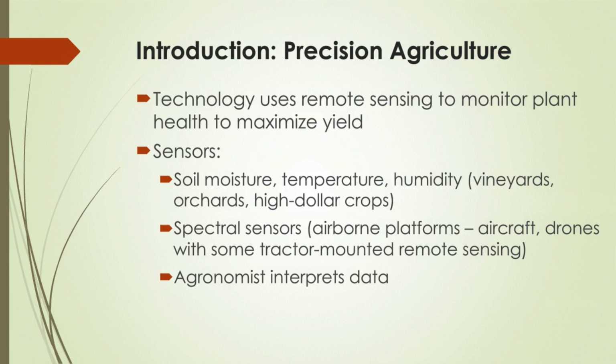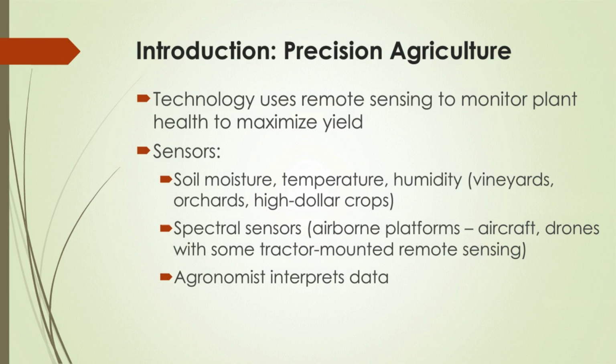Now the spectral sensors usually are on airborne platforms, so this will be on a drone, an airplane, and sometimes you'll see satellite sensors used in agriculture. Once these data are collected, an agronomist looks at the data and interprets it.